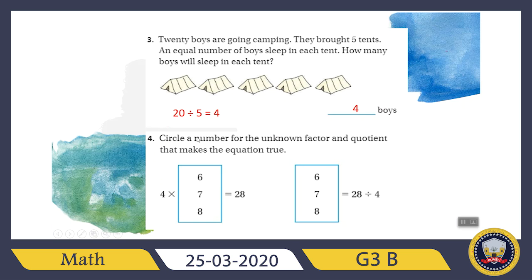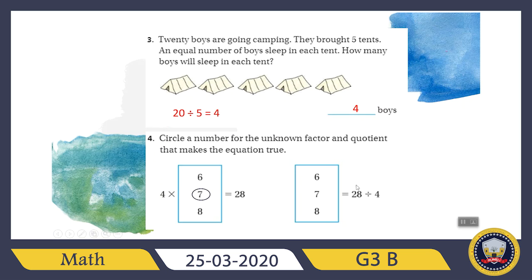Next one. Circle the number of the unknown factor and quotient that makes the equation true. Well, we must circle the correct number, so that 4 multiplied by it equals 28. 4 multiplied by what number equals 28? 4, 6, 24. 4, 8, 32. 4, 7, that's right, 28.